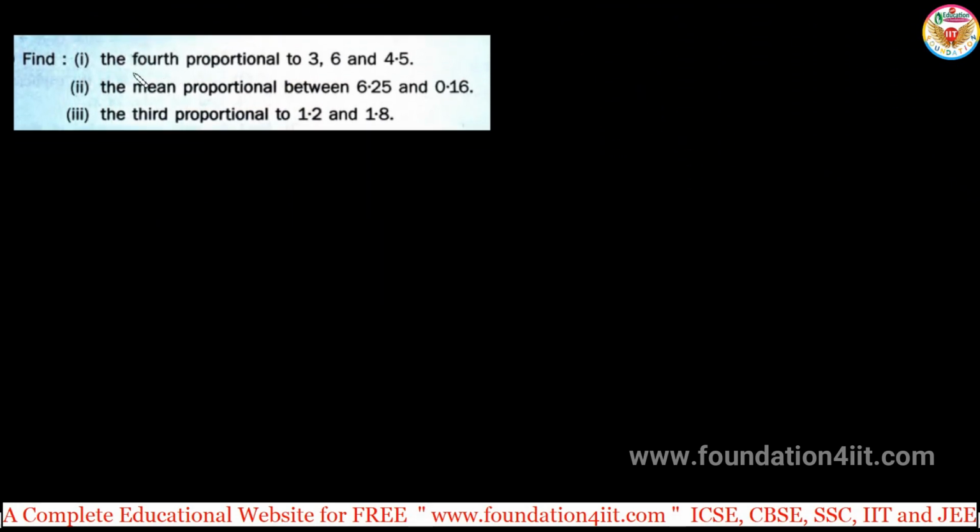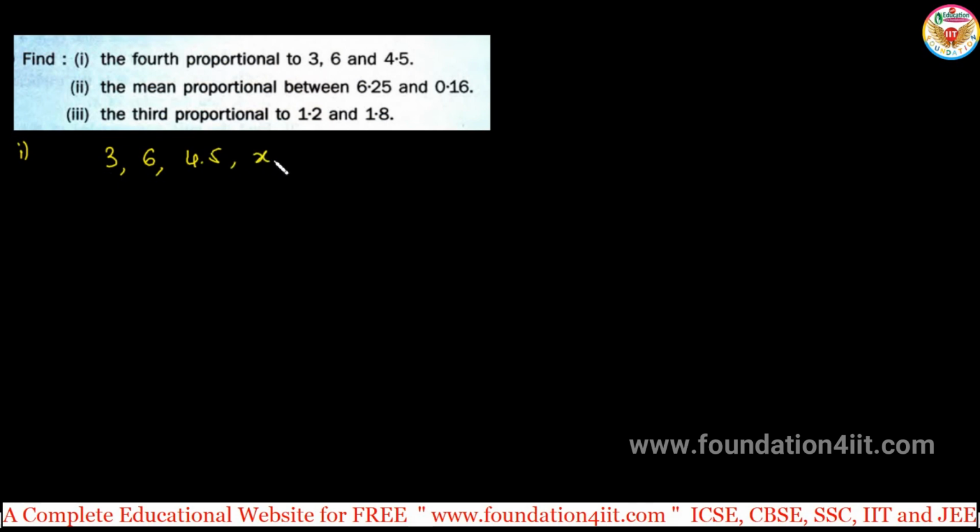Let us see the problems also based on this. Whenever they ask, first one is the fourth proportional to 3, 6 and 4.5. Fourth you have to find out. So 3, 6, 4.5, let the fourth one be x. Now these four are in proportion. They mention proportional, so they are already in proportion.